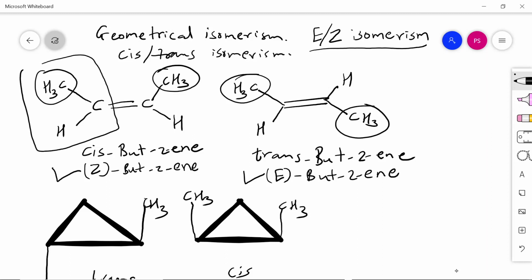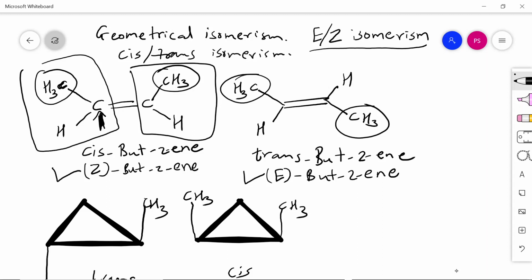Now focus on left hand side carbon atom. The two groups attached to this carbon atom are CH3 and hydrogen. Which atom is directly linked to this sp2 carbon atom? C and H. Now check for the atomic number. Higher the atomic number, higher will be the priority, and lower the atomic number, lower will be the priority.